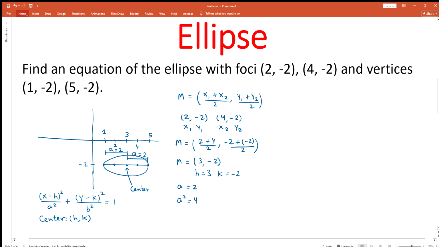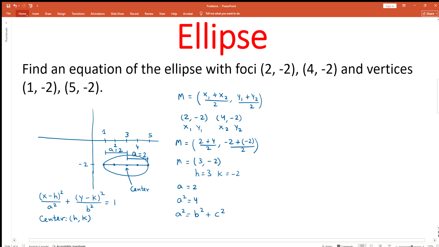We can find the value of b squared from the equation a squared equals b squared plus c squared. In this equation, c represents the distance from the center of the ellipse to either of the two foci of the ellipse.